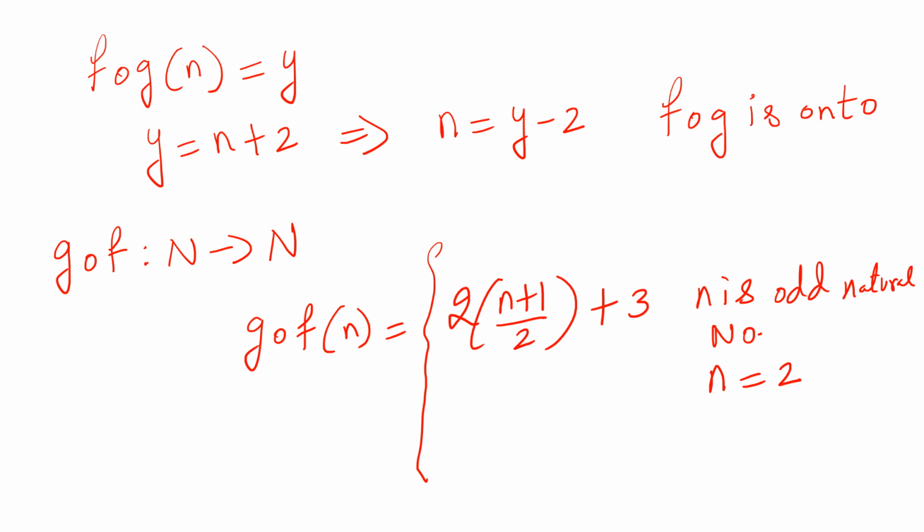Because it will be evaluated from the expression (4 minus n) whole divided by 2. Fine. So that means the value f of 2 is 1. Now this value 1 will be taken as an input in the function g of n, and it will go to its first branch. So now the value 1 we will have to put in the expression 2n plus 3. So now the value comes as 5.